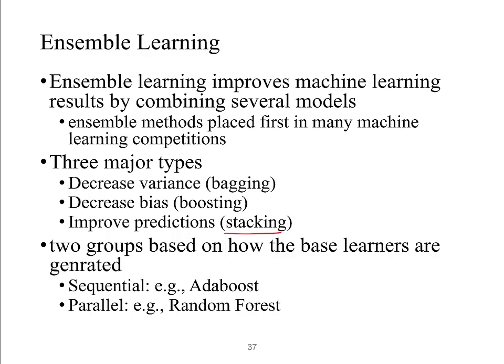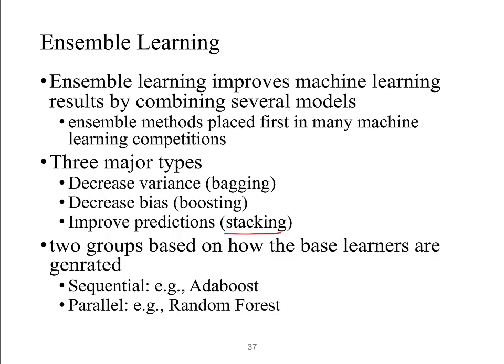So the team leader will organize the team and take the contribution from each and every base learner and use this to make the final prediction, right? So based on how the base learners are generated, there are two groups of ensemble learning methods.